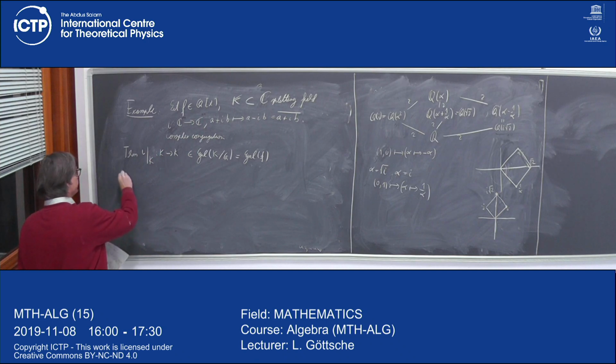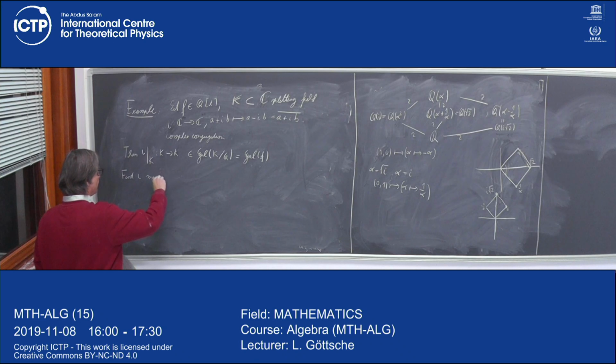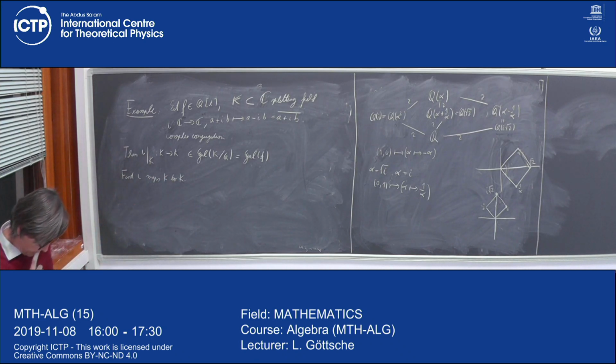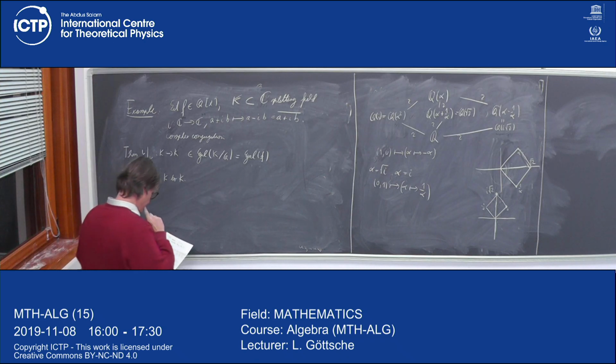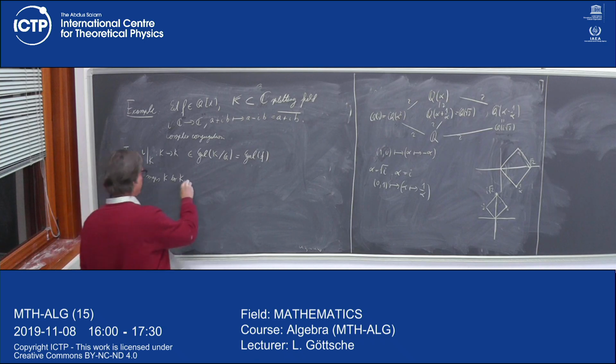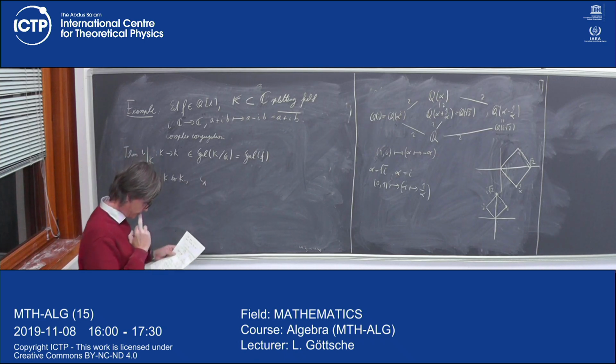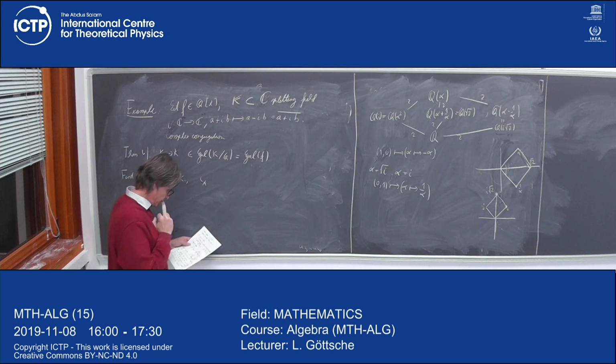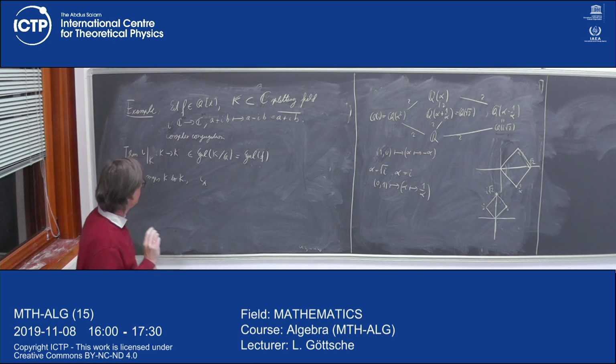So first, iota maps K to K. We had this map, iota star.